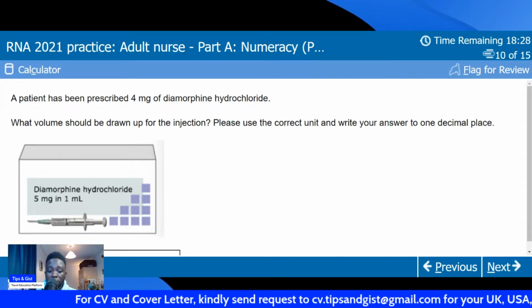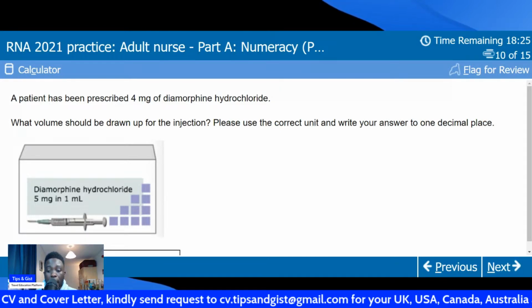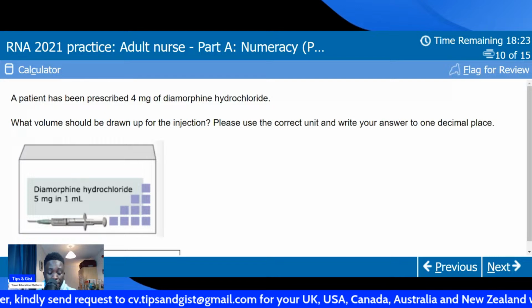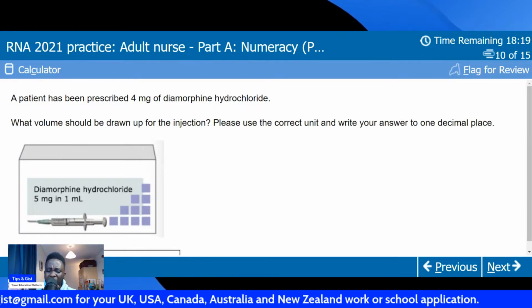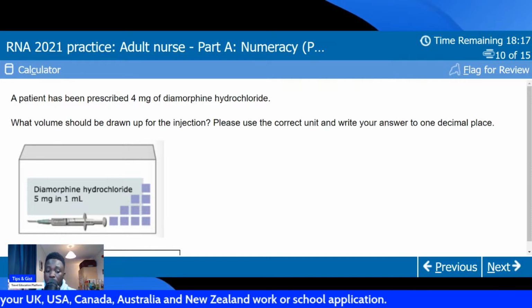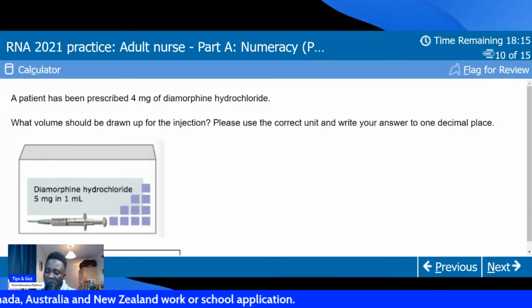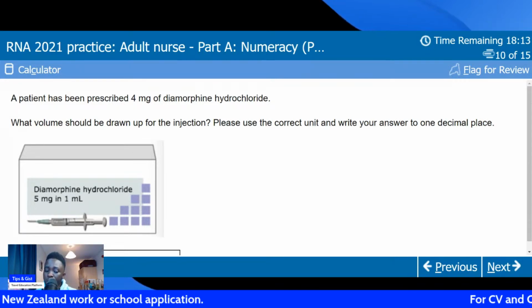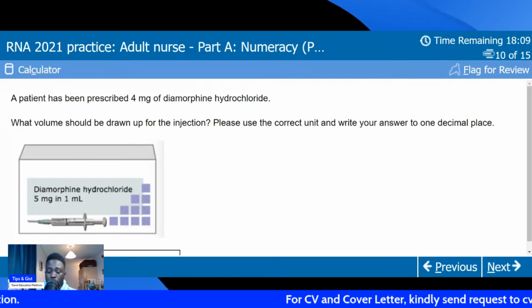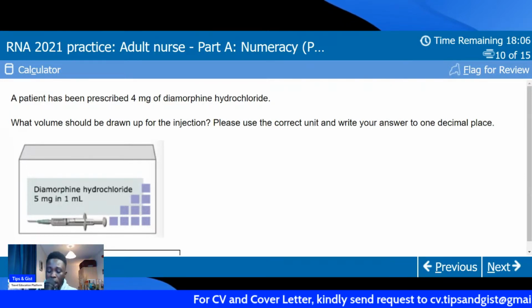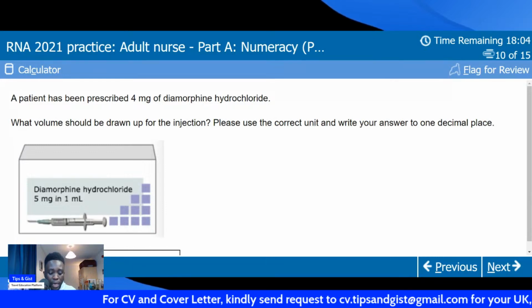The doctor says give 4 milligram, and the prescriber says 1 ml is 5 milligram. That means you should withdraw less than 1 ml, because the doctor says give 4 milligram, not 5. So you shouldn't reach 1 ml, and that is where your calculation comes in.